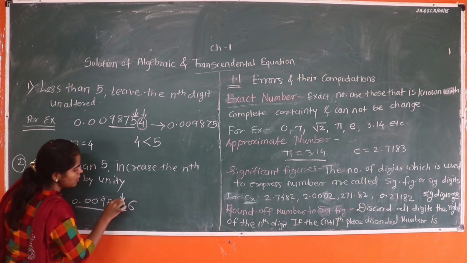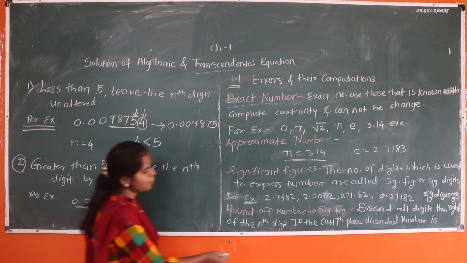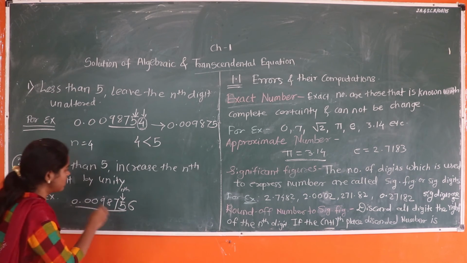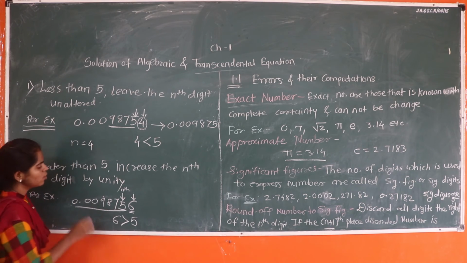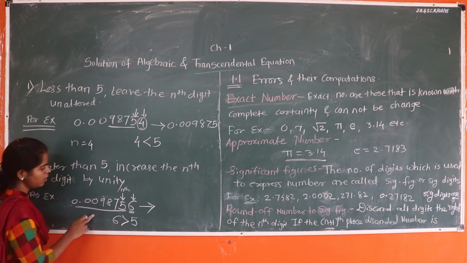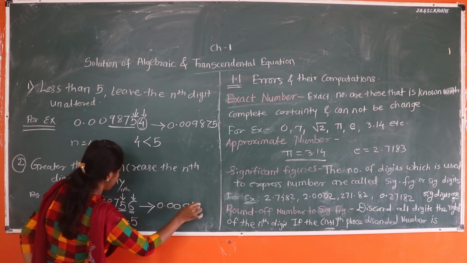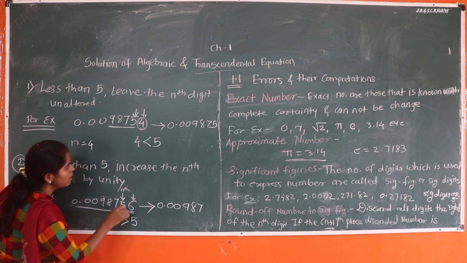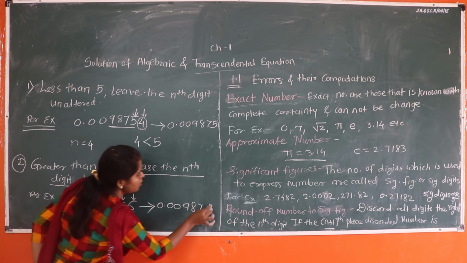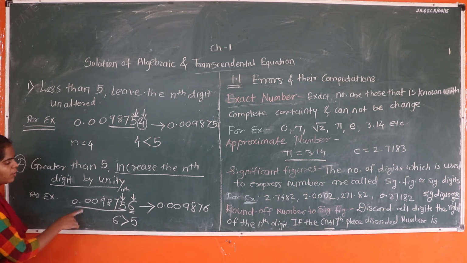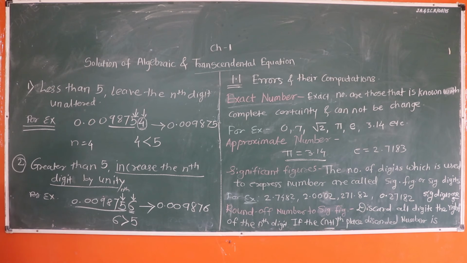The nth place is 5, and the n plus 1 digit is 6. This 6 is greater than 5. When we round this number, we get 0.00987, and the nth digit is increased by unity, so it becomes 6. Rounded to 4 significant figures, we get 0.009876.